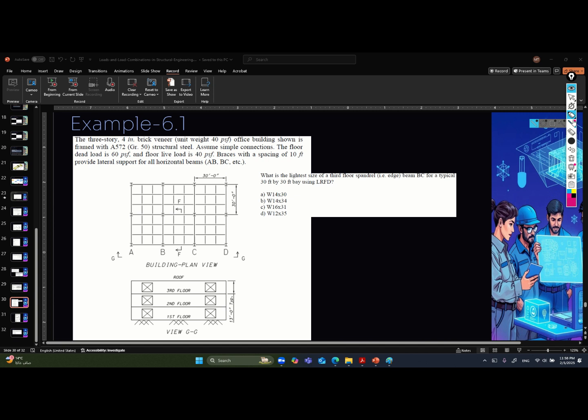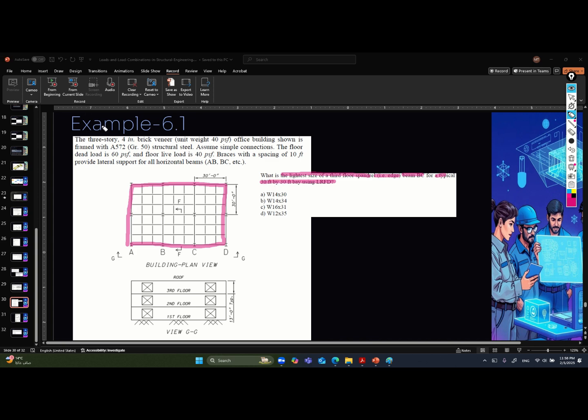Let me draw. That is a spandrel beam. He wants you to check what is the lightest size of the third floor spandrel edge beam, BC, for a typical 30 feet by 30 feet bay using LRFD.